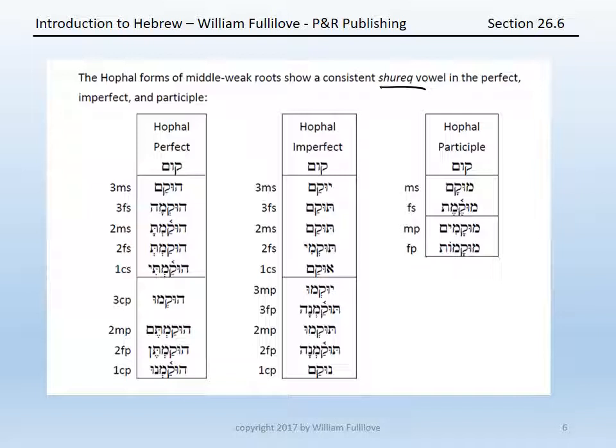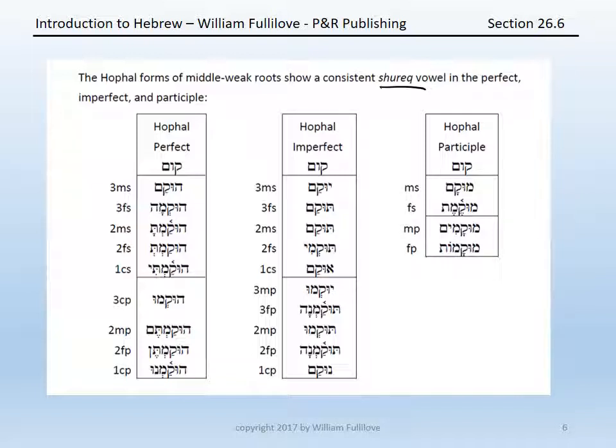For the imperfect, we have yukam, tukam, tukam, tukami, ukam, yukamu, tukamna, tukamu, tukamna, nukam.